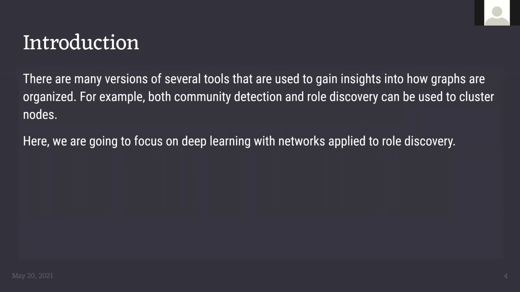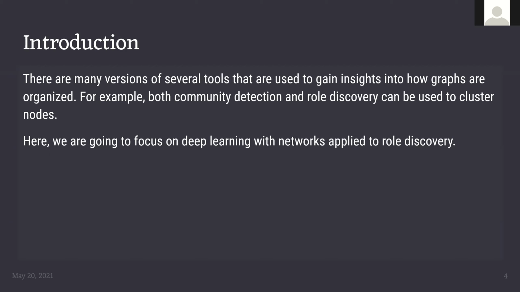We already talked a lot about the tools you have to analyze the structure of a given graph. For example, if you want to divide the nodes that are in there according to some criteria, you can have, for example, community detection and role discovery.